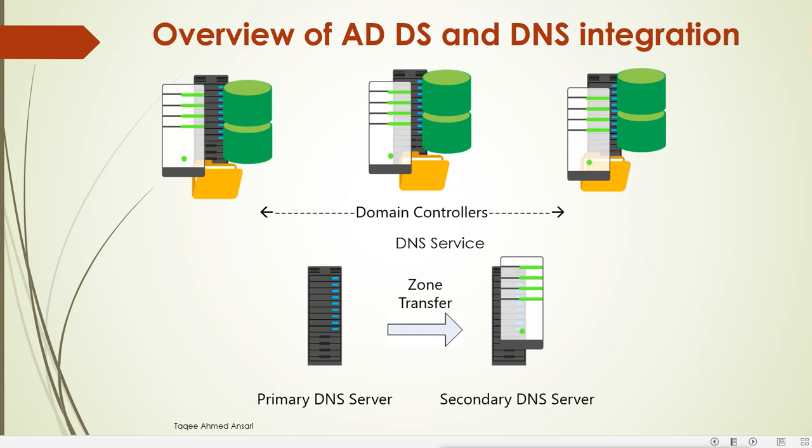Now when the Active Directory database replicates from one domain controller to another, the DNS information will also be replicated from one DNS server to another, because the DNS server itself is a domain controller.